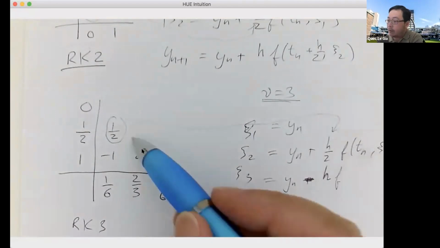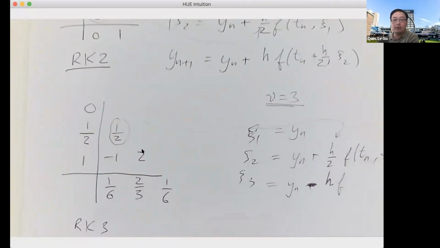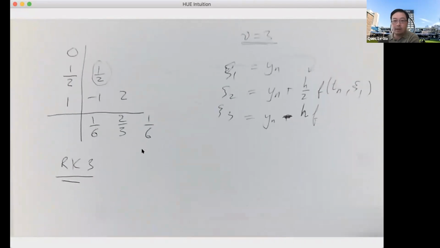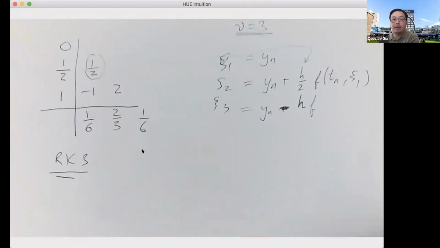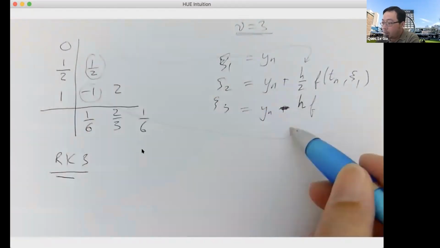Then this one gives you the coefficient for the term with respect to xi1. So we continue with this. So minus 1, so that this minus 1 gives you this formula.